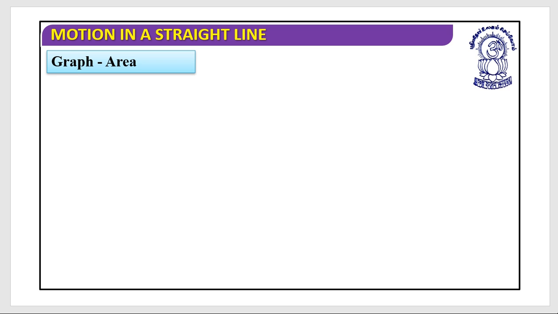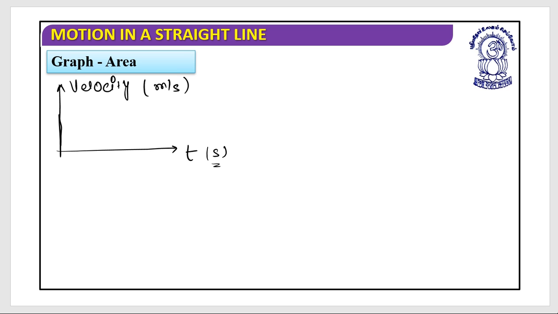Let's say we have been given that this is velocity. This is time. Velocity would be in meter per second. Time would be in second. And the situation would be something like this.